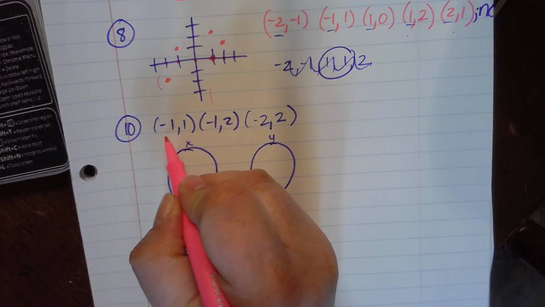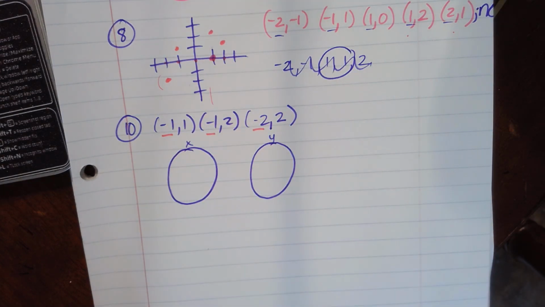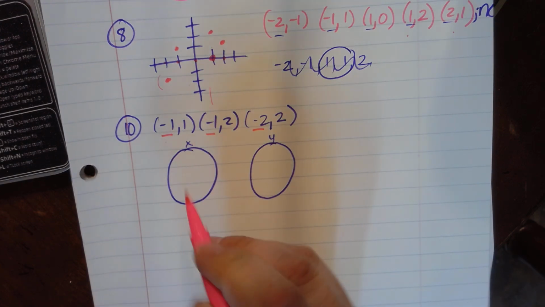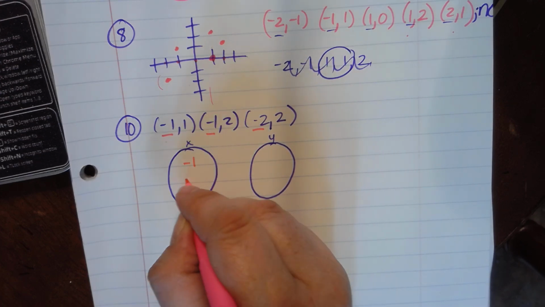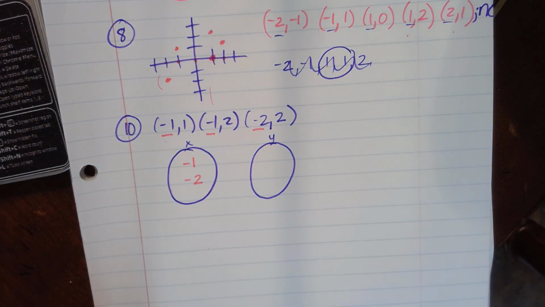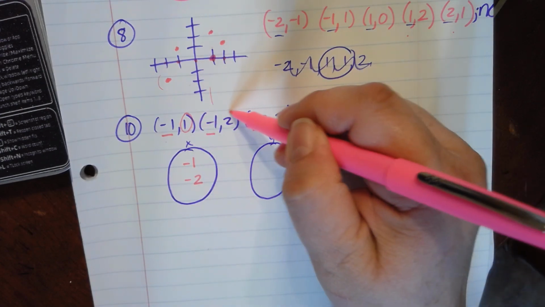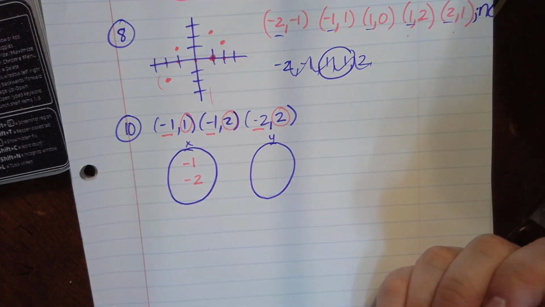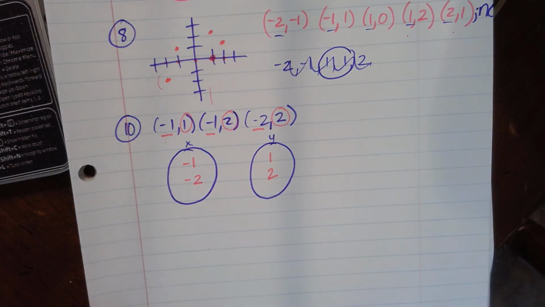So on my x's, I have a -1, a -1, and a -2. Okay. So if I list those least to greatest, I'm only going to put the -1 in once, right? And then my -2. For the y's, I've got 1, 2, and 2. So if I list that least to greatest, I'll just have a 1 and a 2.